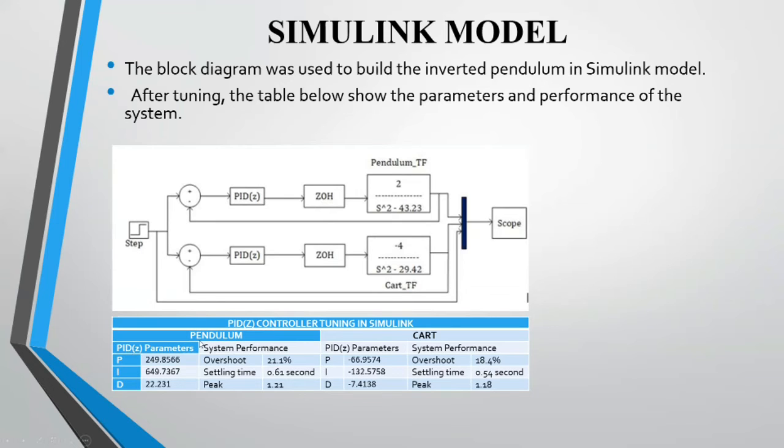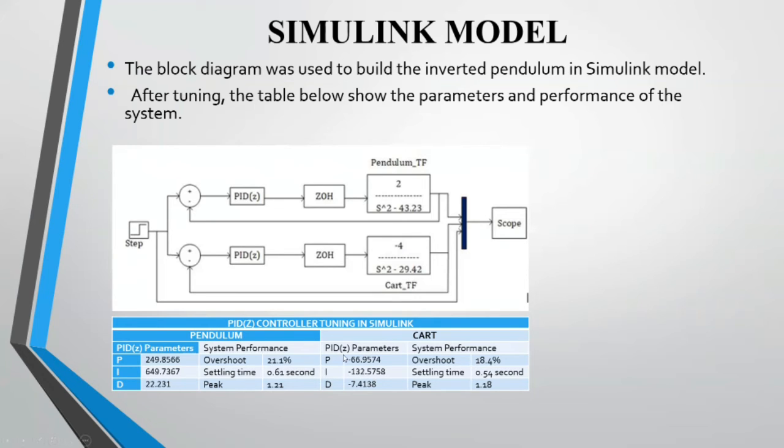As you can see from the table below, we have the pendulum and the cart, and the parameters of the PID controller and the system performance, and similarly for the cart. So after tuning, we have the PID values, which are given in the column below, and we have the system performance, with the overshoot, the settling time, which is less than 0.61 second, and the peak value.